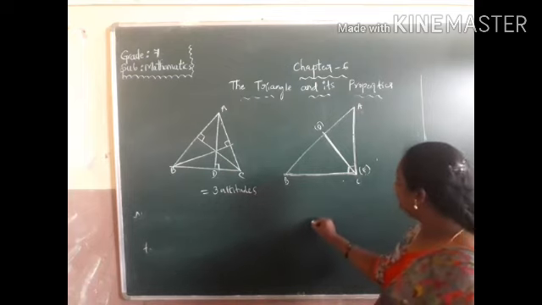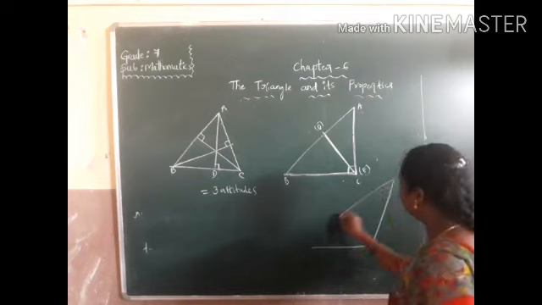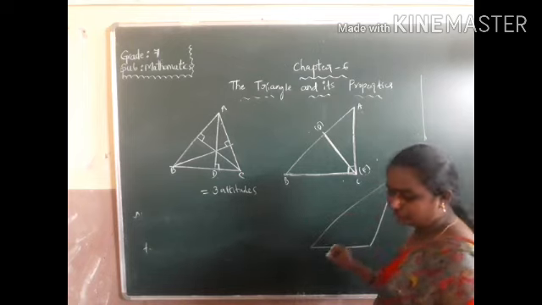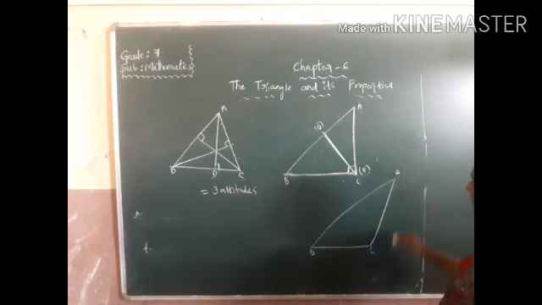If you consider the obtuse angle triangle, what is the altitude of A?